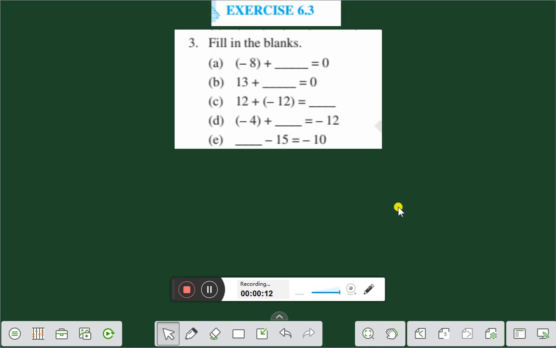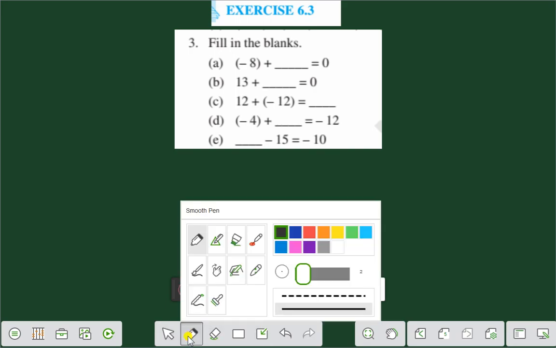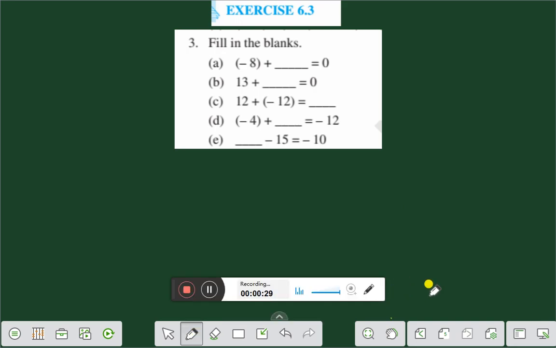Question number A. We will solve first question number A. Question number A is -8 plus dash is equal to 0.